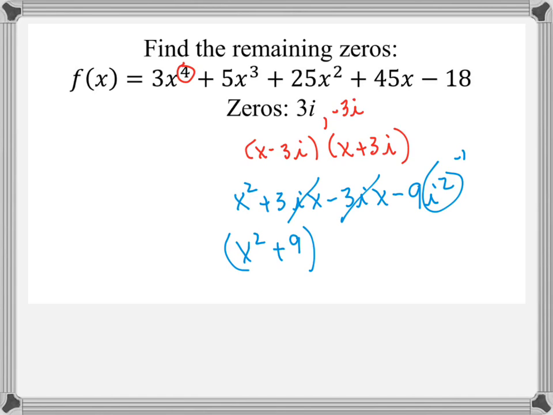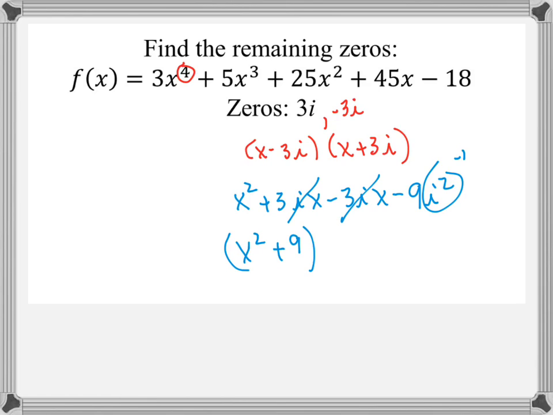So to find our remaining factors and then consequently our remaining zeros, we can take our original polynomial function, 3x to the 4th plus 5x cubed plus 25x squared plus 45x minus 18, and divide it by x squared plus 9.